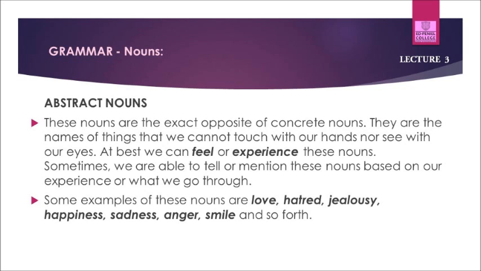Sometimes what we go through or what we experience is enough to tell us about these nouns. So what you experience, what you feel, what you go through is able to tell you whether somebody loves or hates you, or whatever. So take note that the names of things that we cannot touch or see with our eyes are what we call what? The abstract nouns.